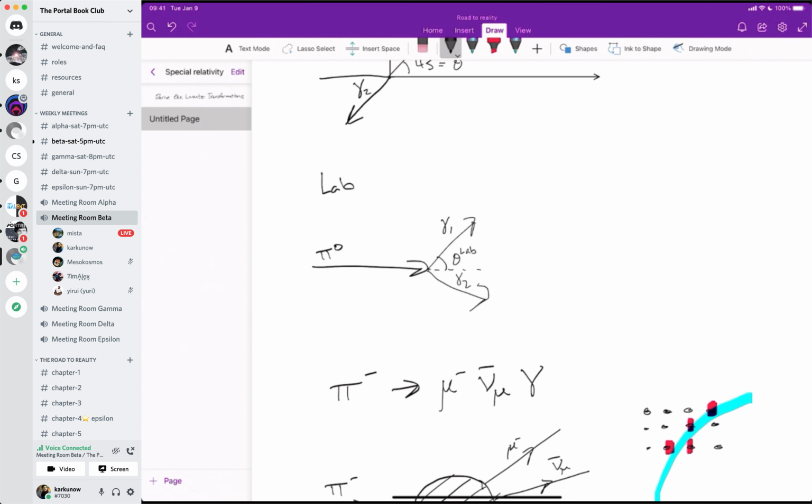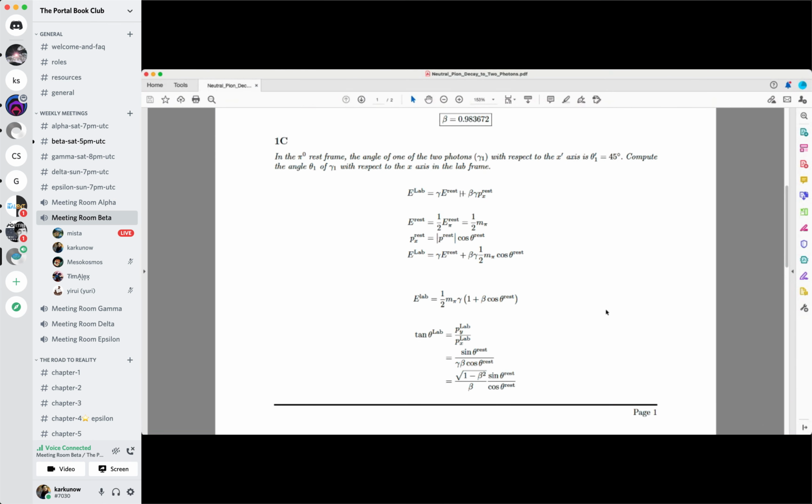Using these expressions for the energy of the photon in the rest frame and the momentum of the photon in the rest frame, we can substitute these back into our Lorentz transformation and find that the energy of the photon in the lab frame is given by this pretty simple expression.